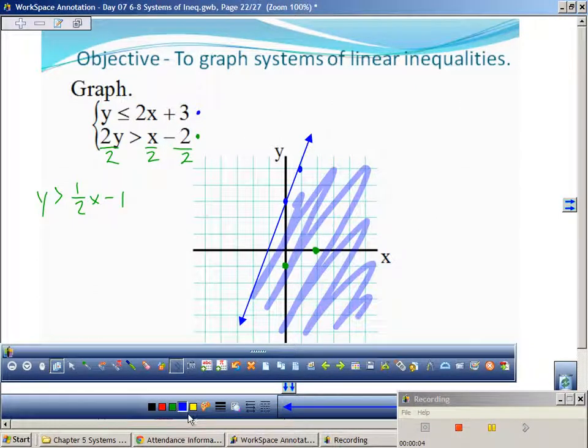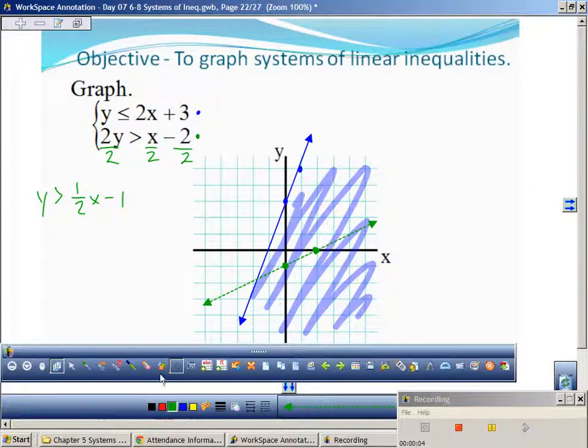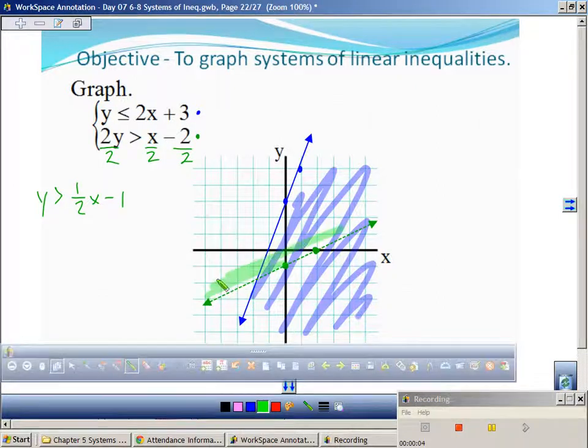This time I need to graph a line that is dashed or dotted. Am I going to shade above or below this line? Above. It's greater than. So I'm going to shade everything above my green line.